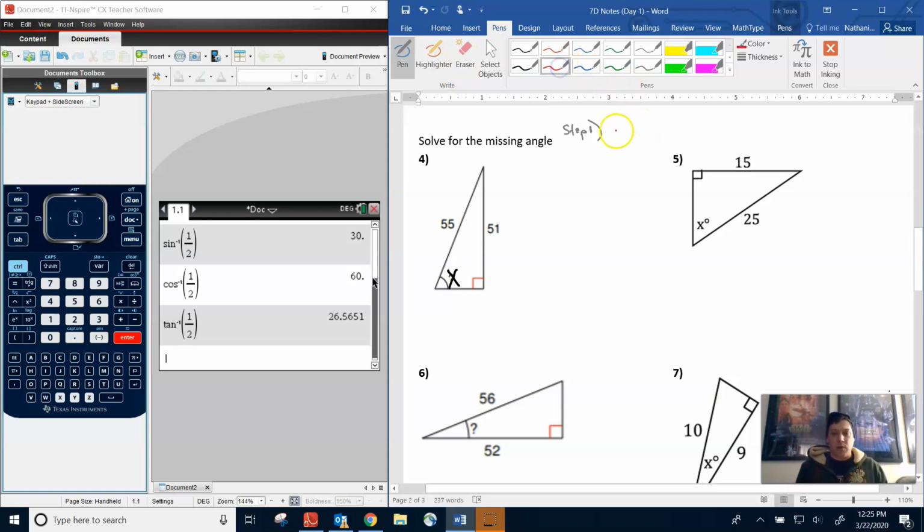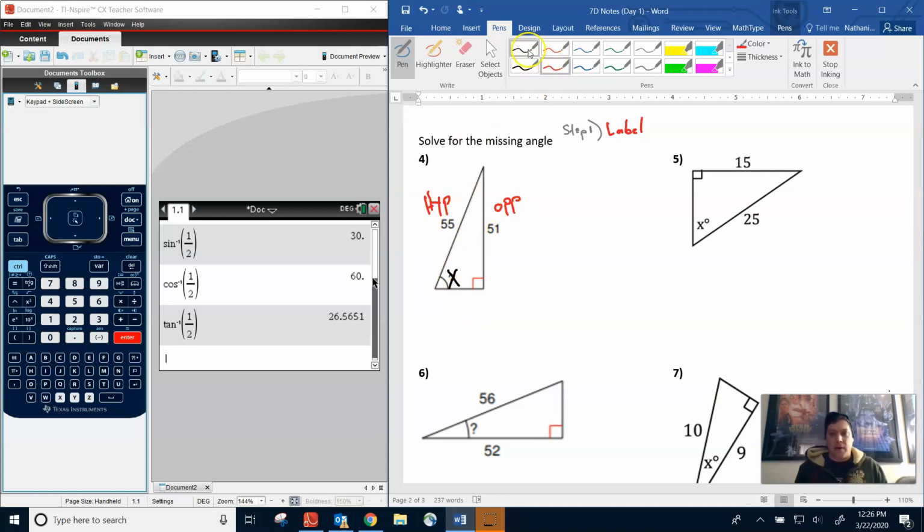So step 1, you always want to label. Label your opposite, your adjacent, and your hypotenuse. Our opposite here would be this 51, so put OPP. This 55 would be your hypotenuse, so let's put HYP. Now, notice that they didn't give us this part. We really don't need it at this point, because as long as we have 2 pieces, we're fine.